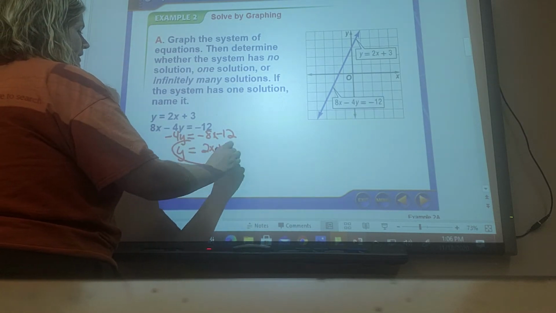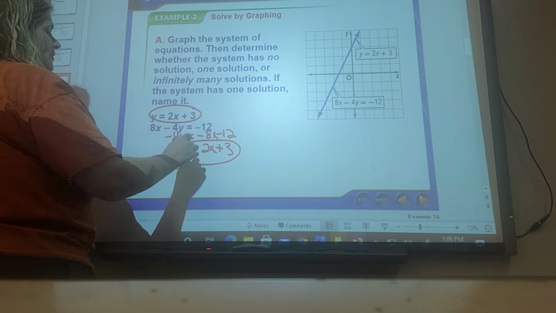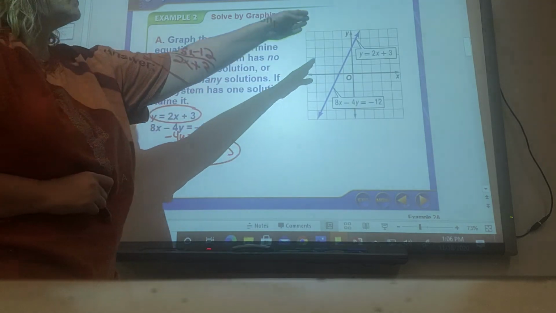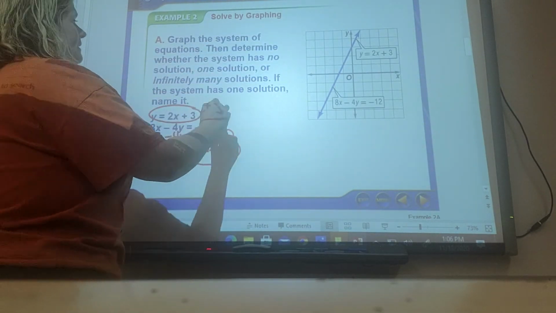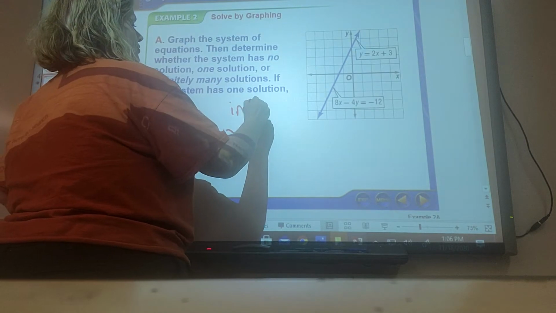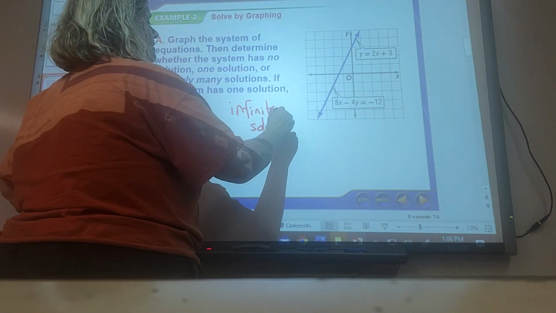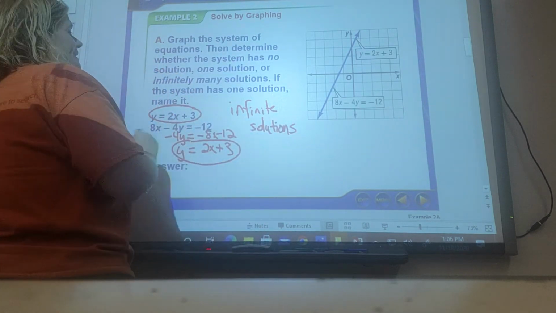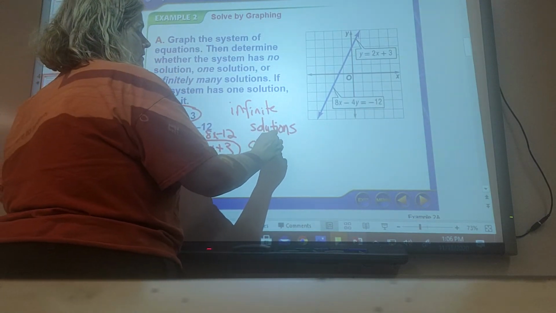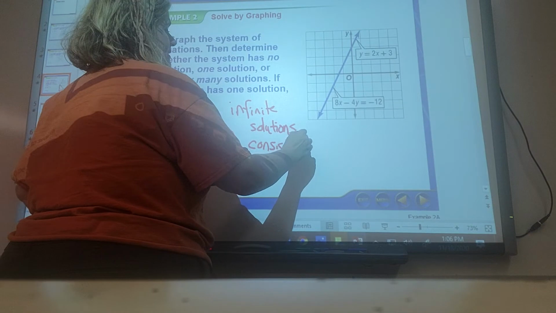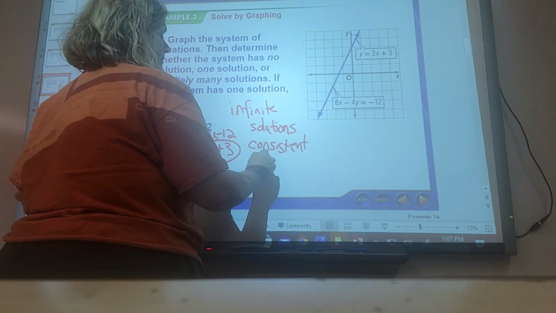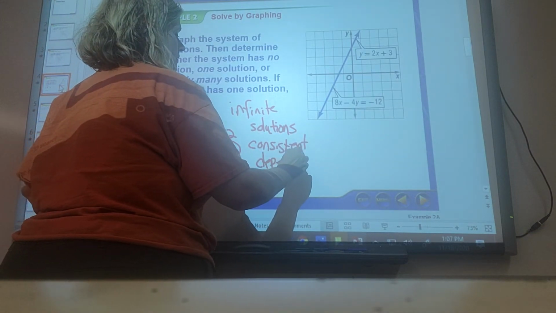And you take a look and see that these are the exact same line. So if it is the exact same line, that means it has infinite solutions. If it has any solution at all, remember, it is consistent. And if it has many, that means it is dependent, depending on all the others.